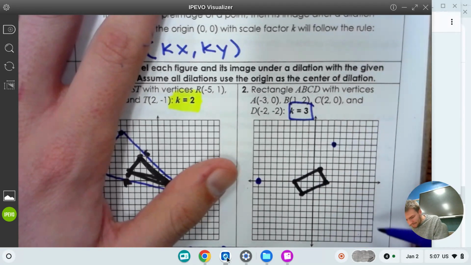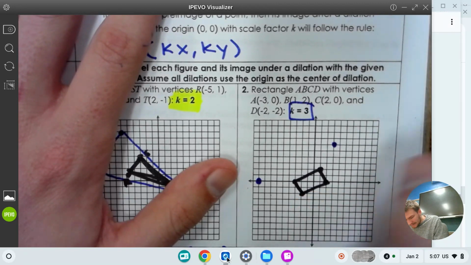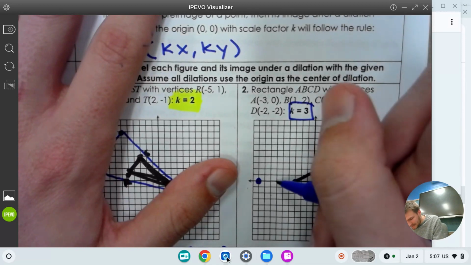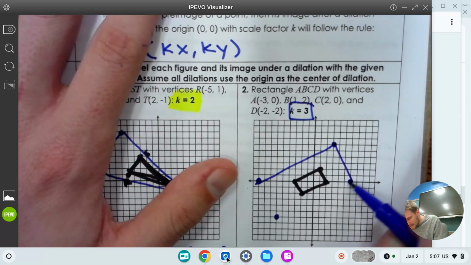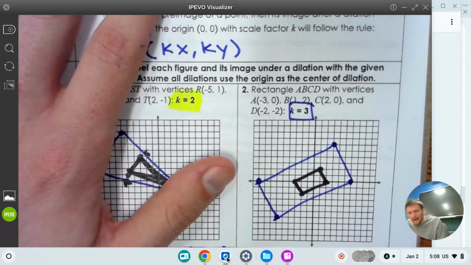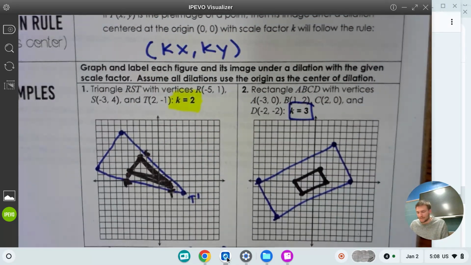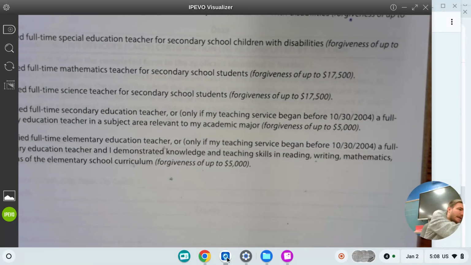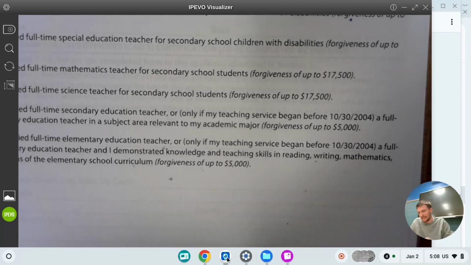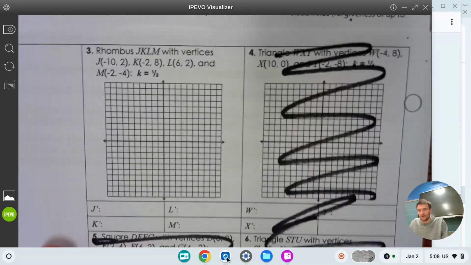Got it. 6, 0, over 6 up 0. Easy. -6, -6. Got it. And we draw this. And yeah, it's a rectangle. It's 3 times as big. So easy. Whew. Man, transformations, the easiest thing in the world.